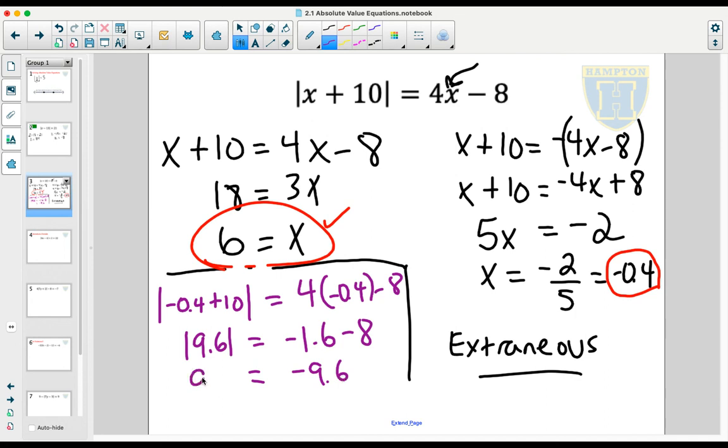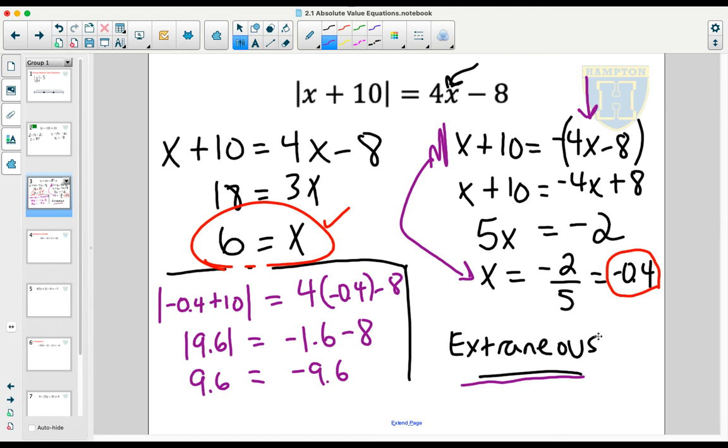Unfortunately, the left-hand side still only has that positive answer. So while our work over here got us a solution that theoretically should work, the presence of that x on the other side of the equation created this extra solution that in fact doesn't work in the original equation.